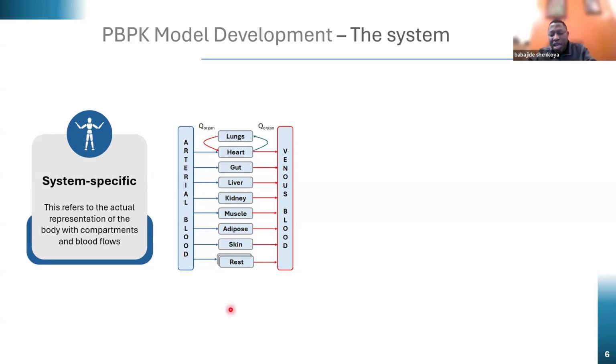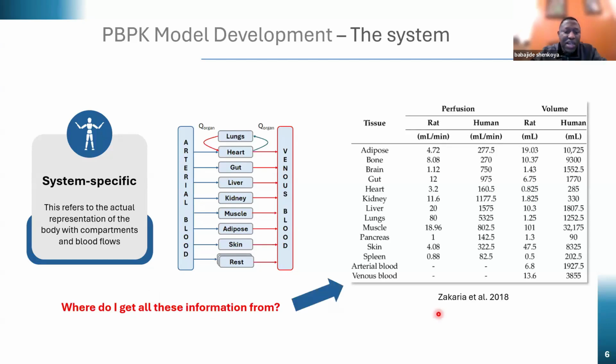Okay. So I know that by now you've started thinking probably, oh, this is a lot of information. So where do I get them from? Well, I can tell you for free that we have several pieces of information in the literature that you can use and copy these values from. Let me give you this example of a paper from Zakaria et al. So you can see that all these organs have specifications for their blood flow. When I say blood flow, it's the same thing as perfusion.